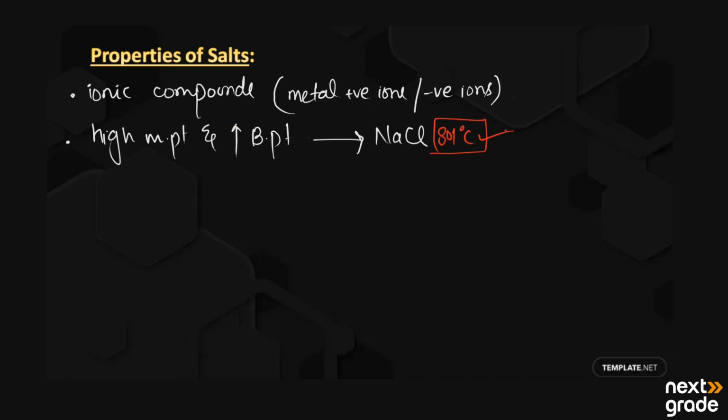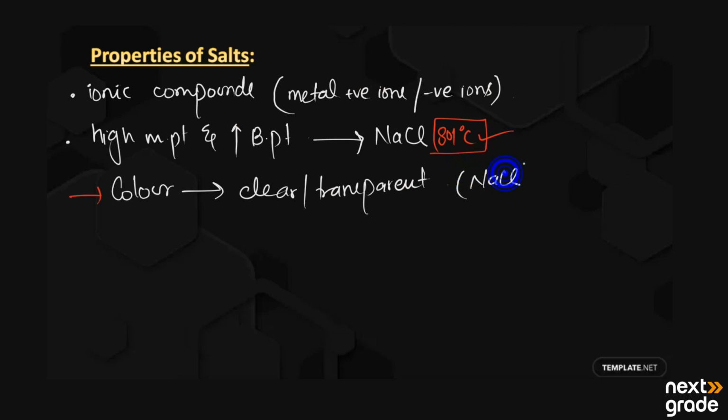After that, the salts may have many properties like color. They have some specific taste, and some have a specific odor. So if we are talking about the color of the salts, mostly the salts appear as clear or transparent. A transparent salt, like we have sodium chloride, some are opaque and even some may be metallic and some are lustrous.